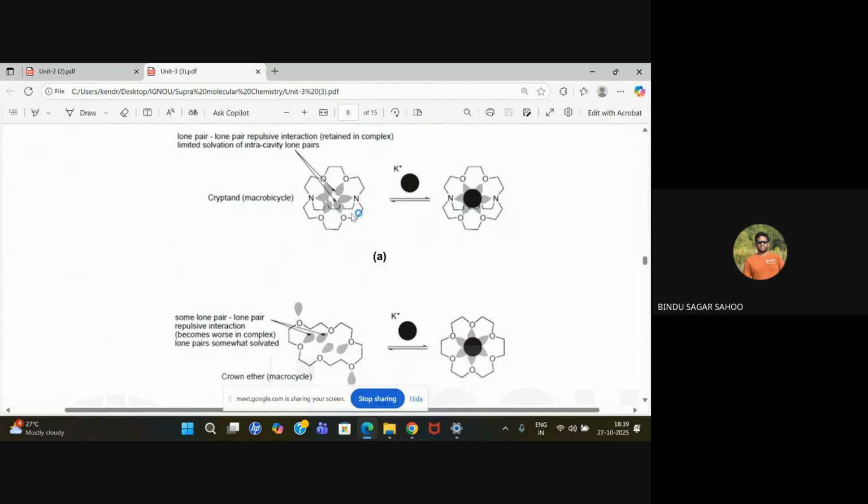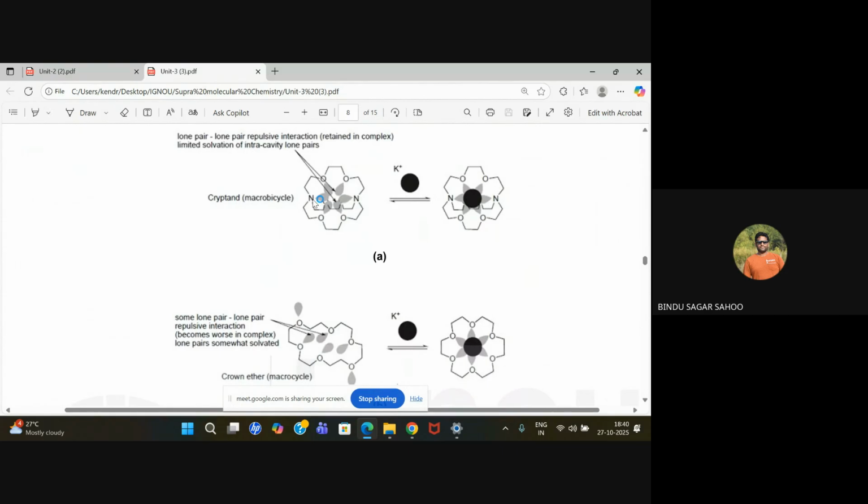That means this chain, CH2, CH2, CH2, CH2, CH2, CH2, behaves just like a bridging unit. And when a bridging unit attaches to a cyclic complex, it gives more rigidity to the ring.